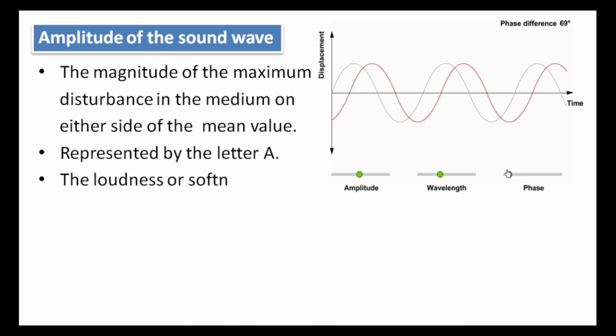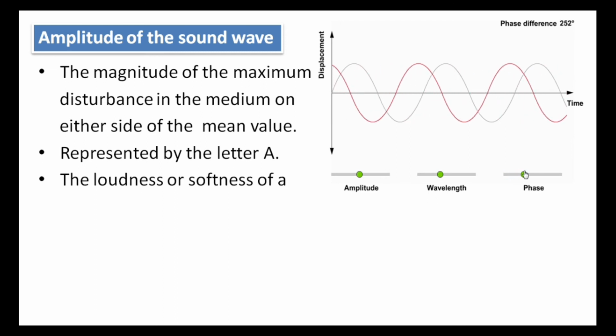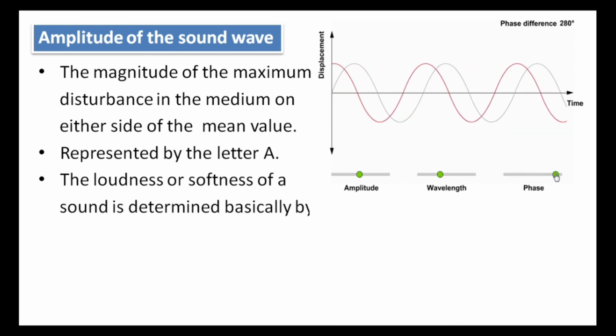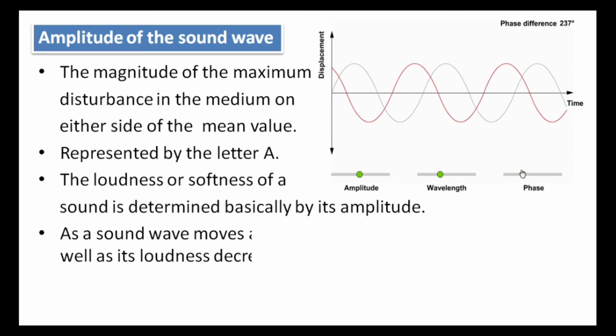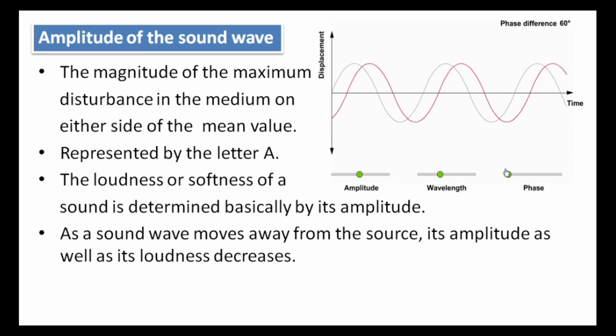The loudness or softness of a sound is determined basically by its amplitude. As a sound wave moves away from the source, its amplitude as well as its loudness decreases.